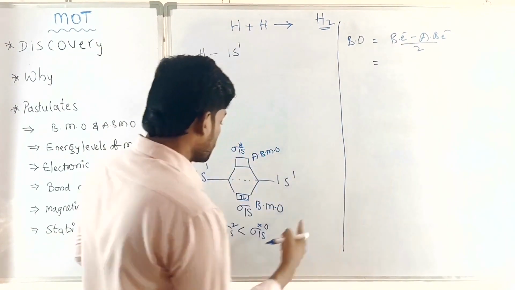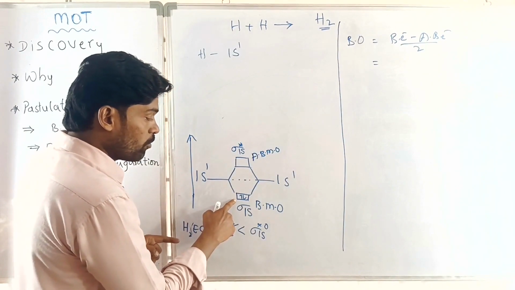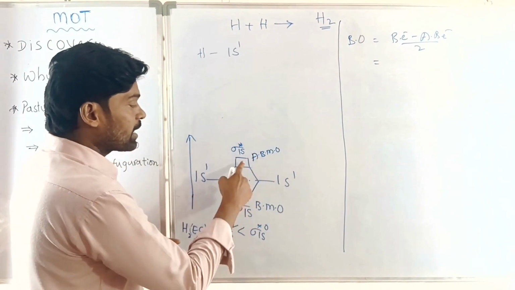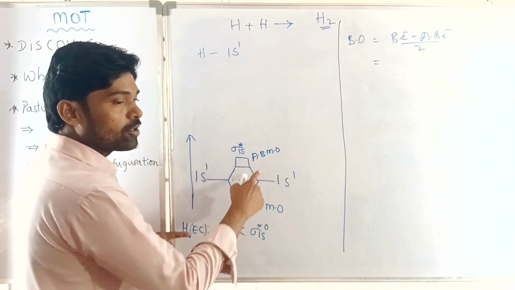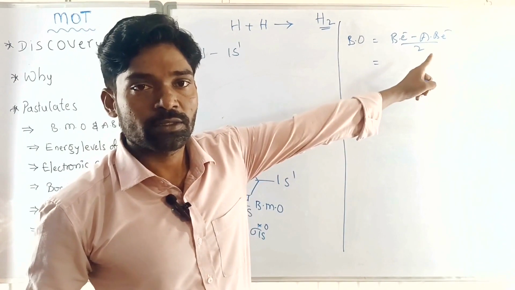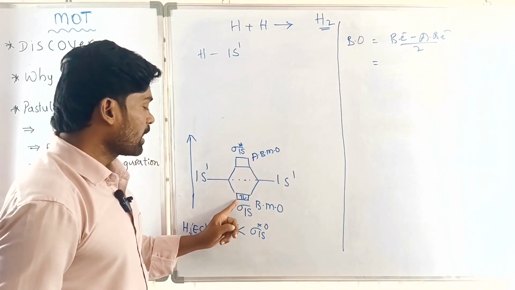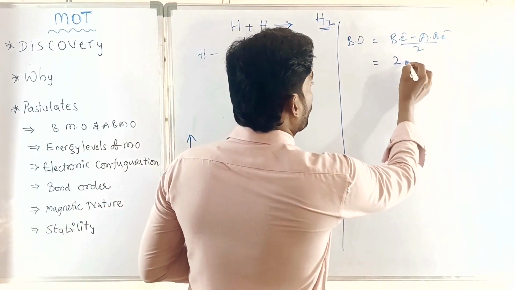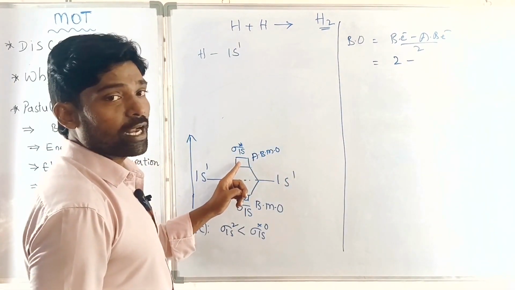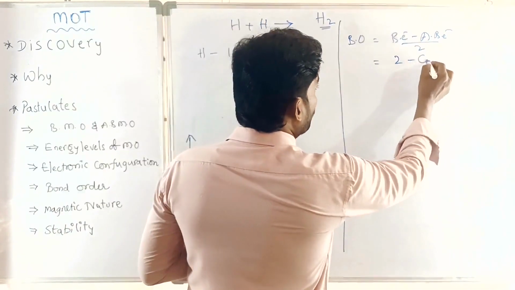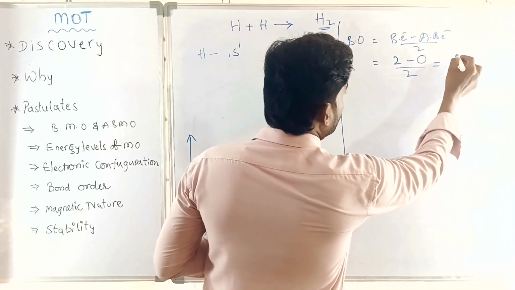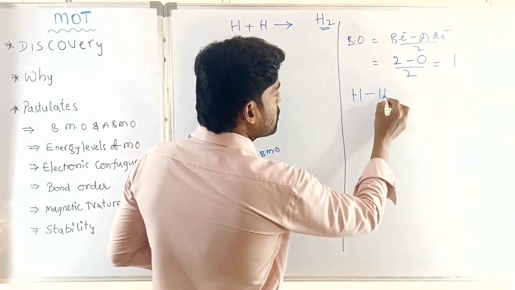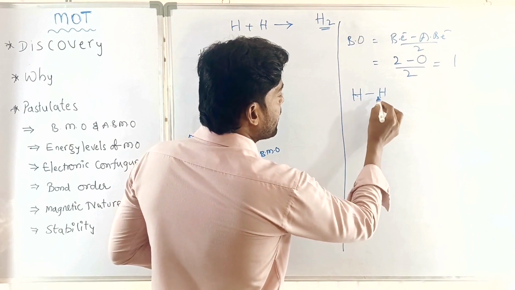The electrons present in the bonding molecular orbital are called bonding electrons. The electrons present in the anti-bonding molecular orbital are called anti-bonding electrons. In this example, the bonding electrons are sigma 1s2, so 2 electrons are bonding electrons. No electrons are in the anti-bonding orbital, so it is 0, and divided by 2 gives 1. One means there will be a single bond between the hydrogen atoms.